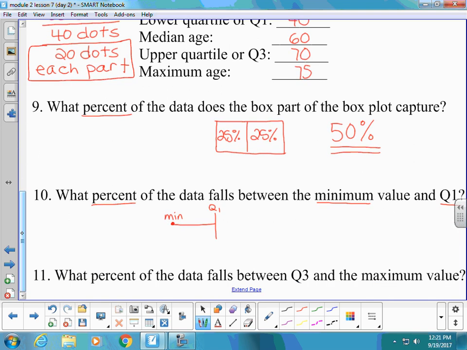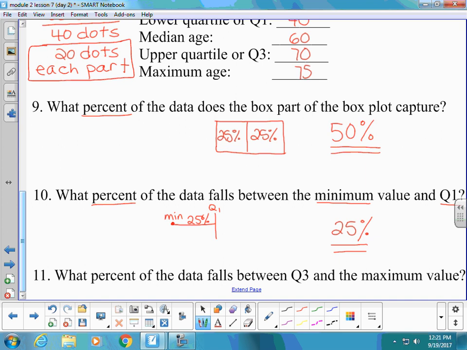Well, that would be 25%. Okay, so 25% would be our answer. Everything about this graph is based on 25s. So you should only have an answer like 25%, 50%. So that's our answer.